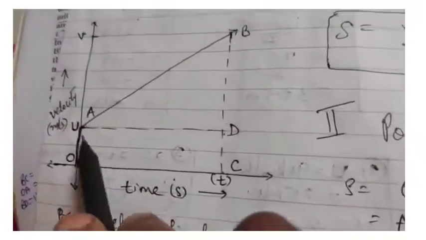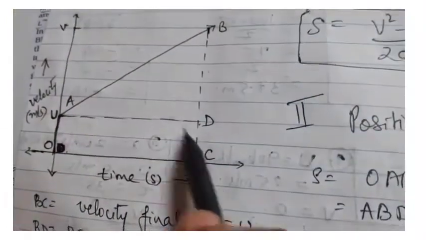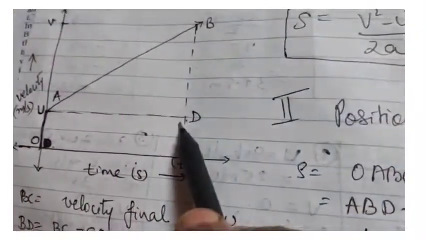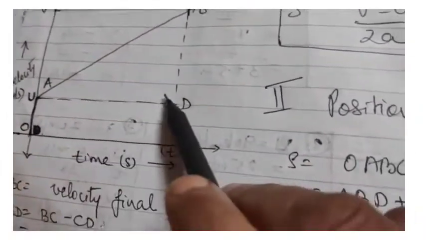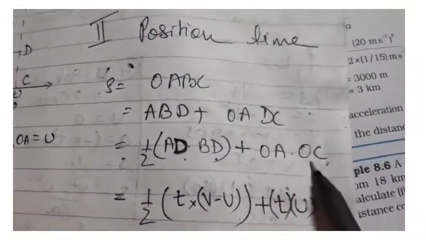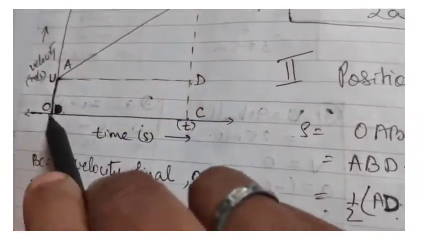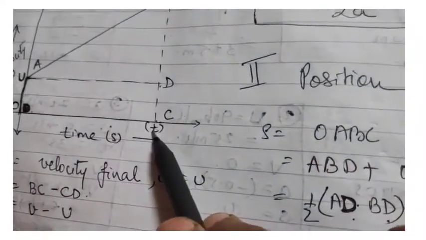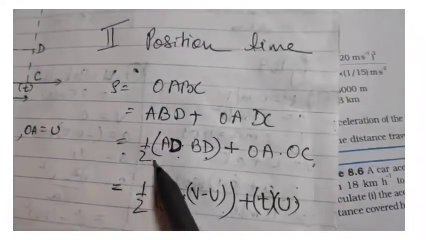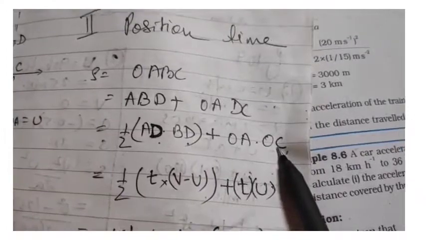The base will be AD and the height is BD. The area of the rectangle will be length into breadth, OA and OC, or you can take AD and CD, any one. So I have written half of base into height and OA into OC.